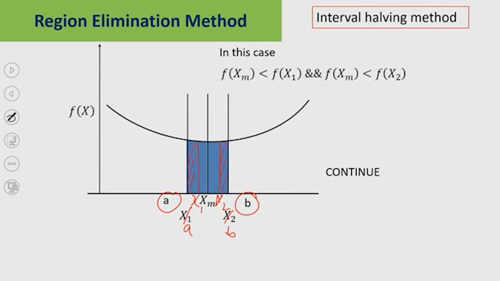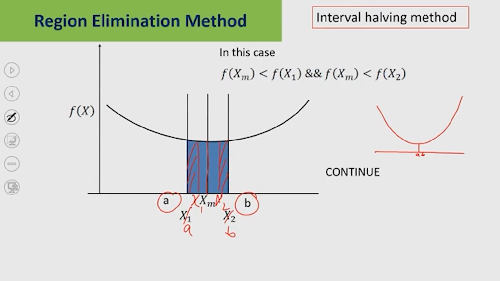Again I can check the conditions and eliminate some of the region, and if I continue, then finally I will have a very narrow area, something like this. So, I will have A and B, and the distance between A and B is basically what we call precision.